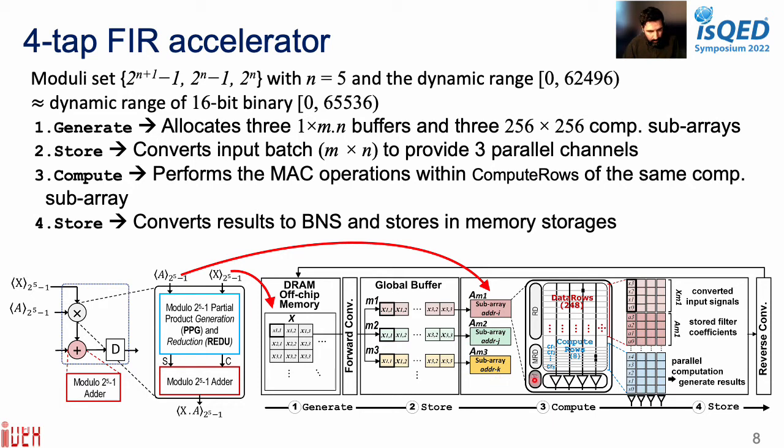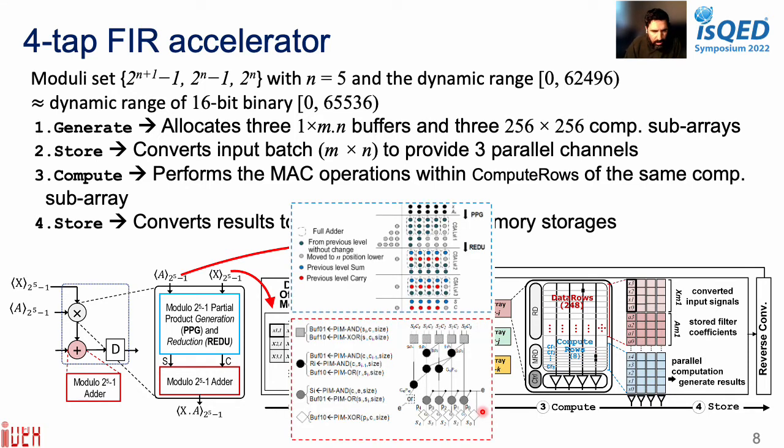After mapping inputs and coefficients into data rows, the compute procedure performs the MAC operations within compute rows, the blue rows, of the computational subarray. So the channels' operations are calculated in parallel.